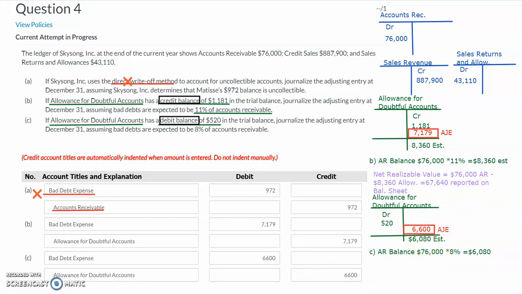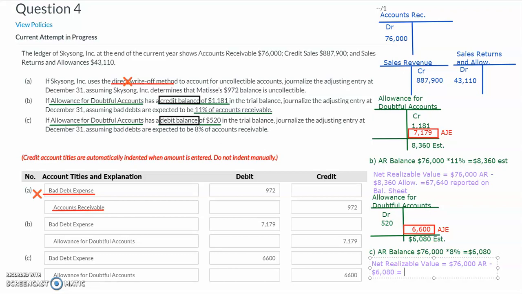And similarly, we would compute our net realizable value. So our net realizable value, which is the amount that the balance sheet would report, will equal the $76,000 for accounts receivable minus our estimate of $6,080.